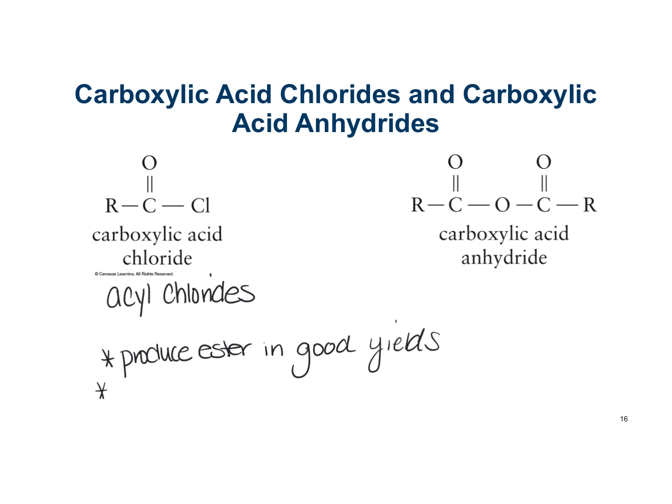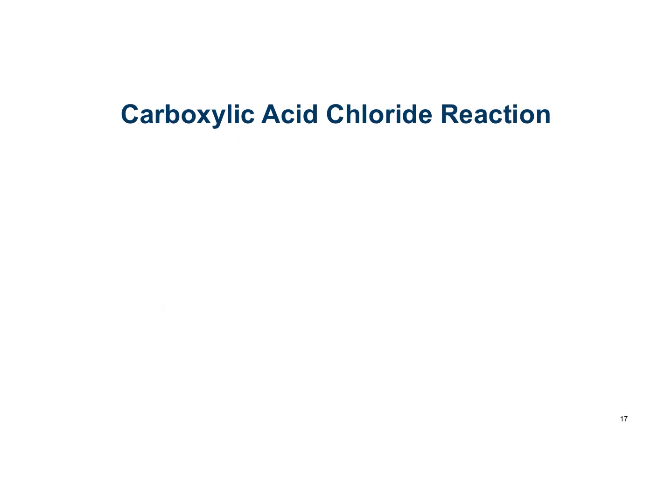And they're more reactive than carboxylic acids. They react vigorously with alcohols in a non-reversible manner. And so that's one of the reasons why they are so good at producing these esters. So let's look at an example of an acid chloride.